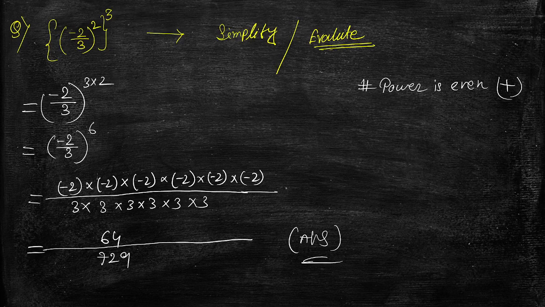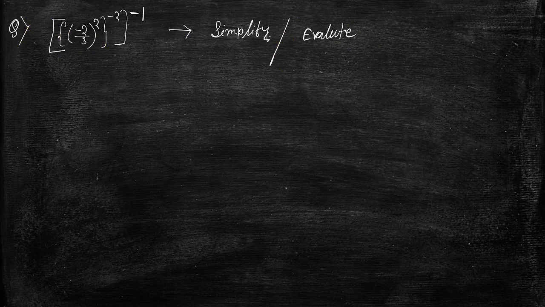Now, the last question we learned is this one, minus 2 by 3 to the power 2, whole to the power 3. How can we do it? Basically the base is same, so we will multiply the powers to get 6 and then evaluate, right? If you understood this one, solve this by yourself.